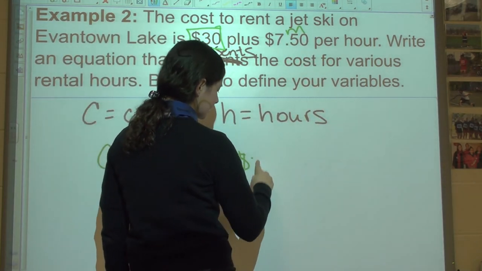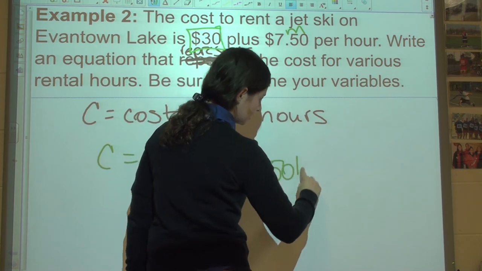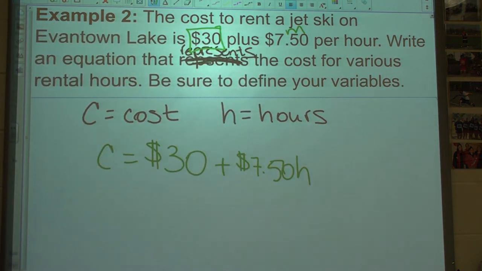So we're just going to have 7.50 times H. Since they didn't give us any questions about how much it would cost for 5 hours or 10 hours, we're actually done right now. So just remember, it's going to be however much your starting point is, which is 30 in this case, and then plus however much it is going to be for every unit. All right, so that was a nice, easy one.